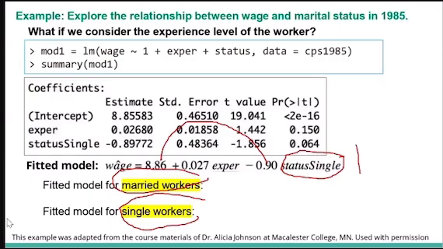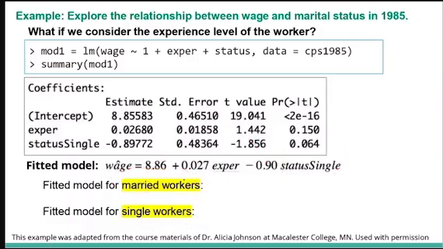But what if I want to obtain the model for the married workers? I'm going to plug in zero here. When I plug in zero, this is going to be the new model. Does that make sense? So from the general model, we can make statistical inference for married workers and for single workers.